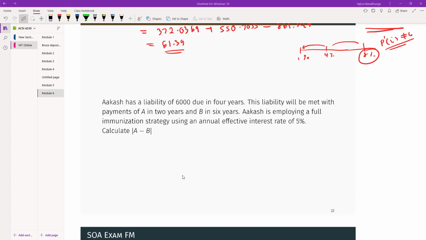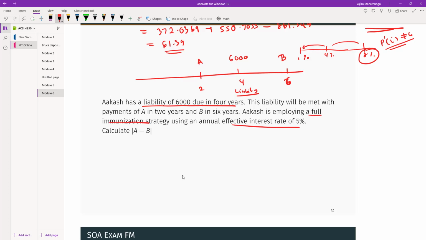So let's try to do this. The liability is 6,000 due in 4 years. This liability will be met with a payment of A in 2 years and B in 6 years. Using full immunization, the annual rate is 5%.